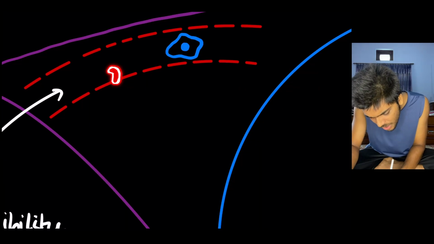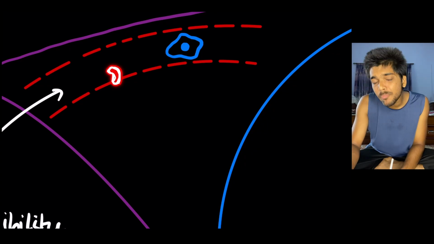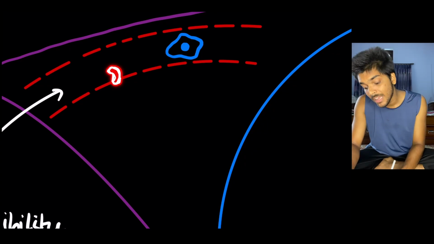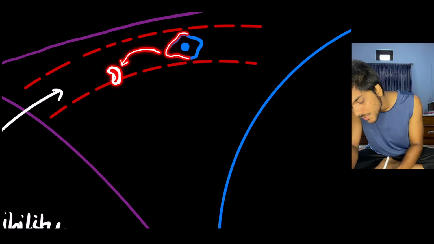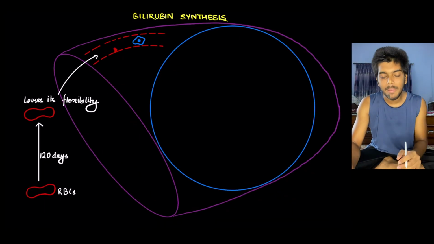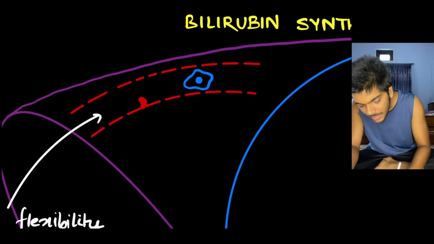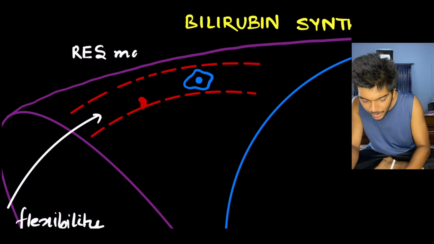Now this stuck or trapped old RBC that no longer has the properties of young RBC gets phagocytosed by the macrophage of your spleen. This macrophage is a part of the reticuloendothelial system.